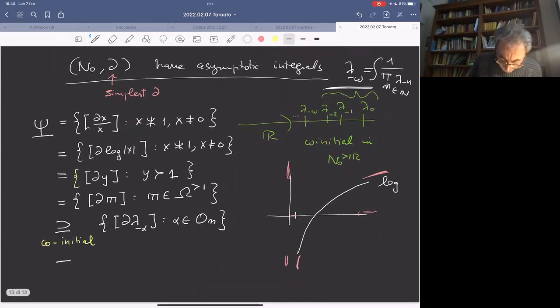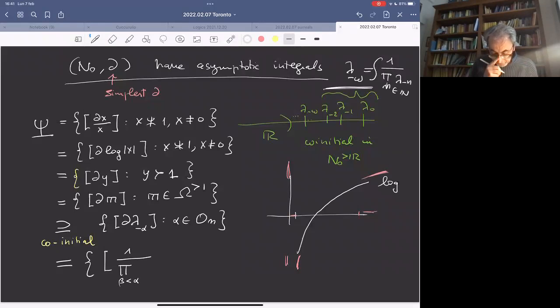Okay, now by the formula given by Vincenzo, the derivative of lambda minus alpha is 1 over the product for beta less than alpha of lambda minus beta.